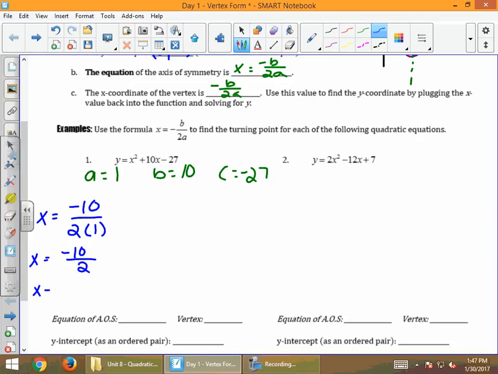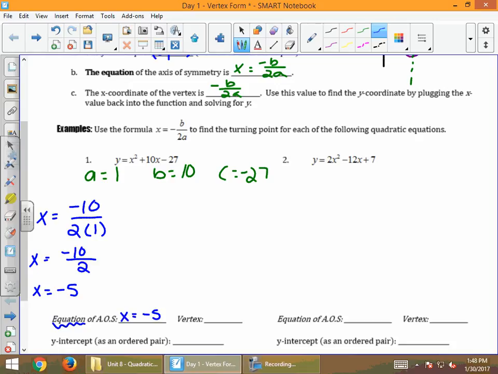And negative 10 over 2 simplifies down to negative 5. So that's the equation for your axis of symmetry. Hence the word equation. So you must write it as x equals negative 5. It's not just negative 5. In the equation, there has to be an equal sign. You're going to say x is equal to negative 5.